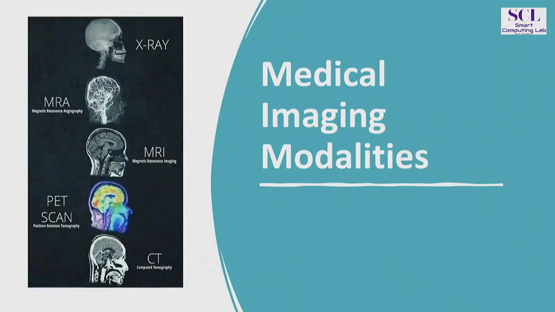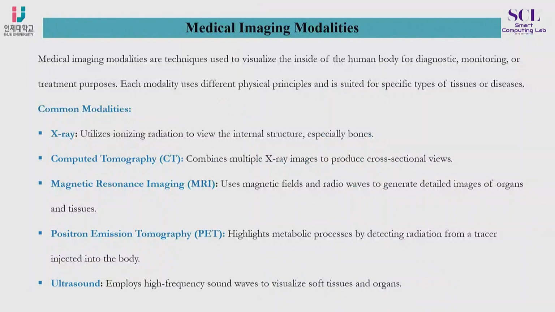Then coming to the medical image modalities. Most of you have experience of working with different kinds of modalities. There are different kinds of modalities in medical imaging which are used to visualize the inside of the human body for diagnostic, monitoring, or treatment purposes.